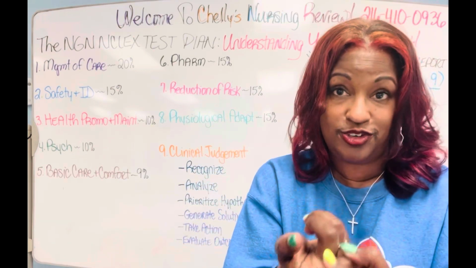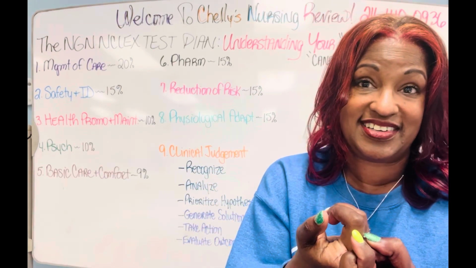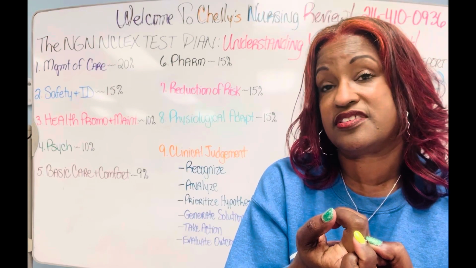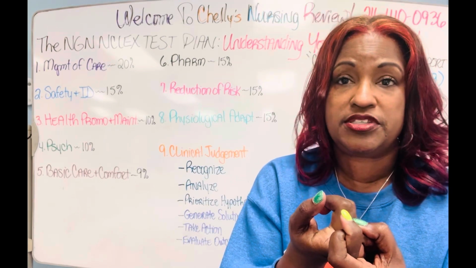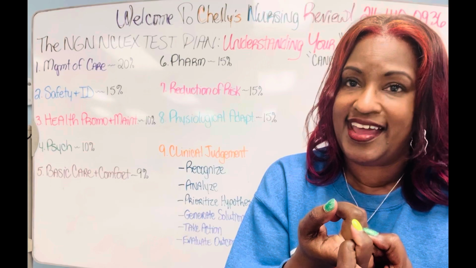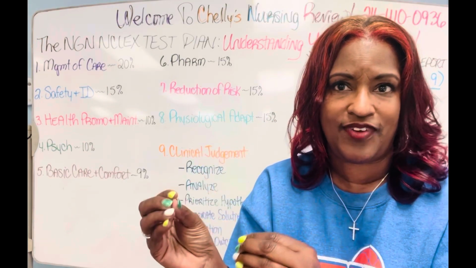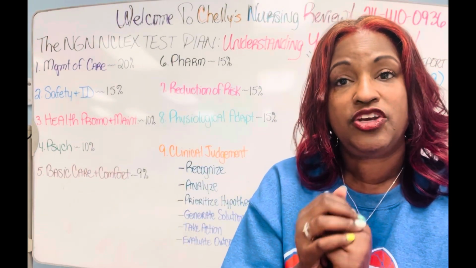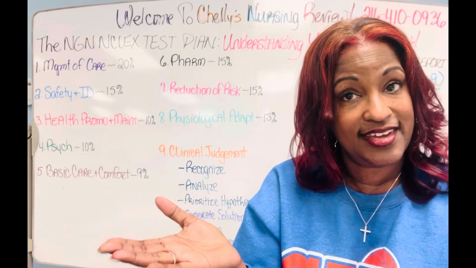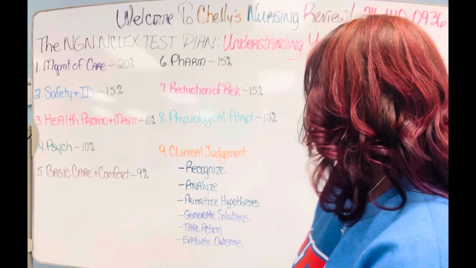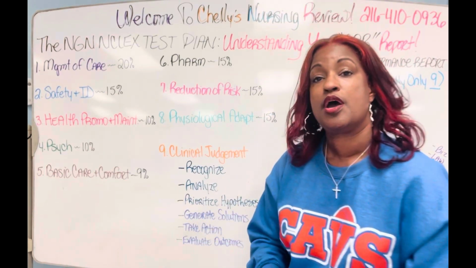Analyzing these two cues means she could be pregnant. It also means she can't give consent. It also means that you need to include Erikson's stages of development in your care of this patient. Do you see? Okay. All right, so that was recognize and analyze.